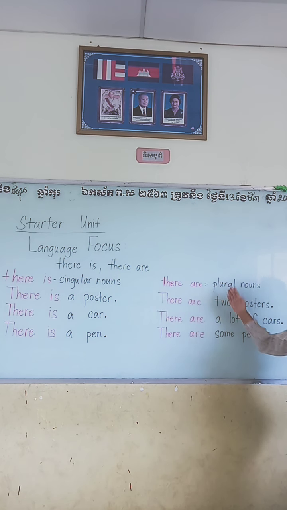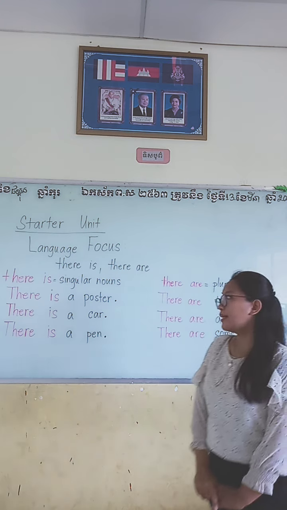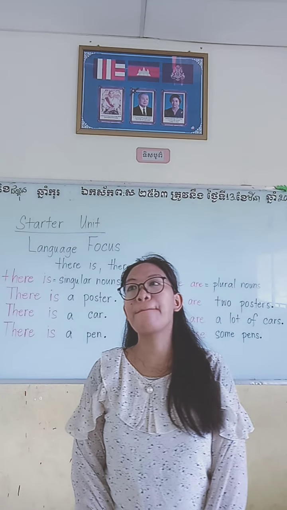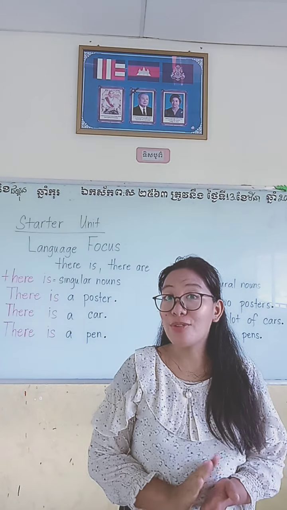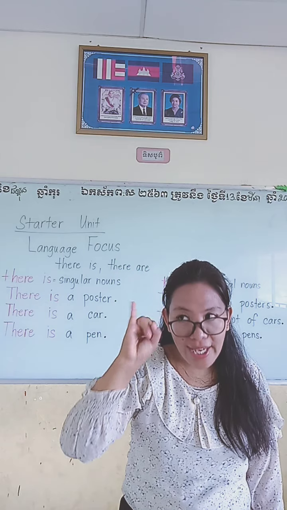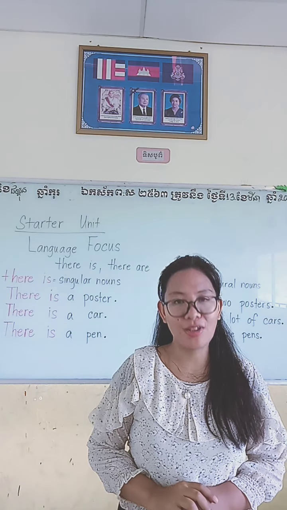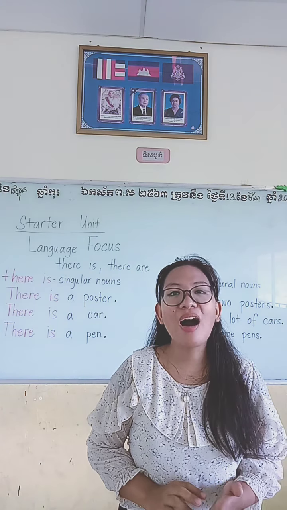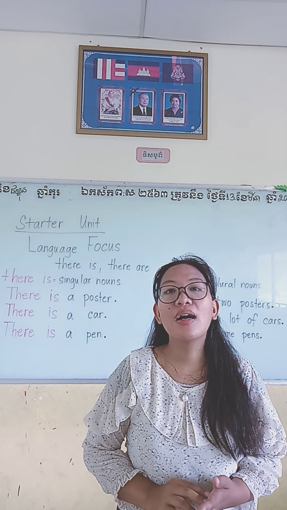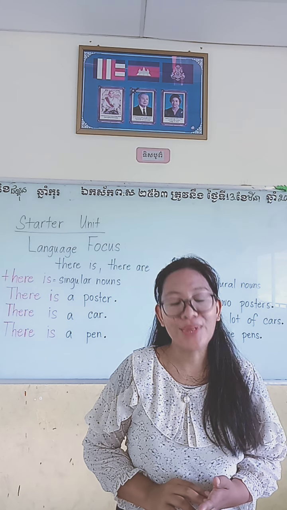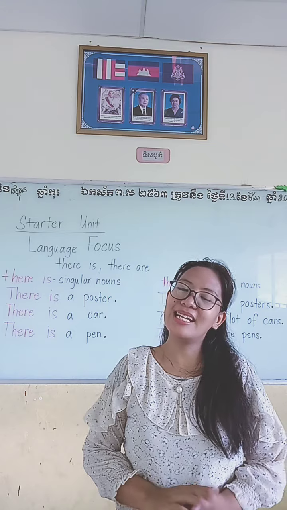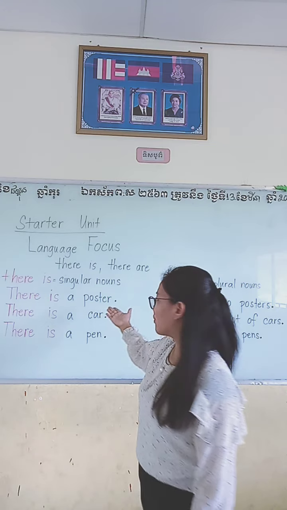Remember. So what are the 2 things that we need to remember? There is, we use it for singular nouns. There are, we use it for plural nouns. Okay, let's look at the examples on the board.